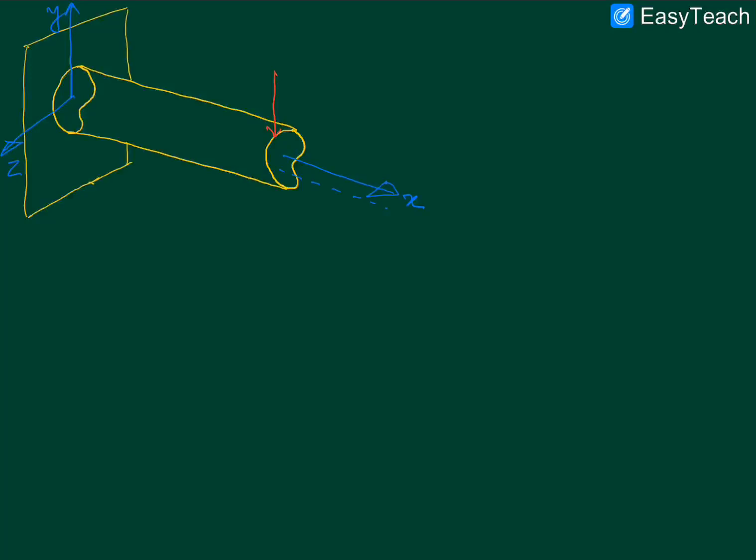Rather, we should be considering a cut section of this beam, and then consider the total torsional moment contributed not only by this transverse force but also by the shear stresses which would be exposed on a particular cross section or cut section. So what do I mean by this? For that, let me actually take a cut section. I'll take a cut section here.